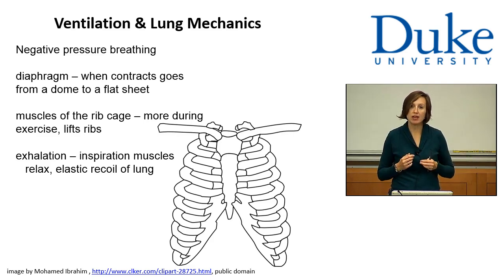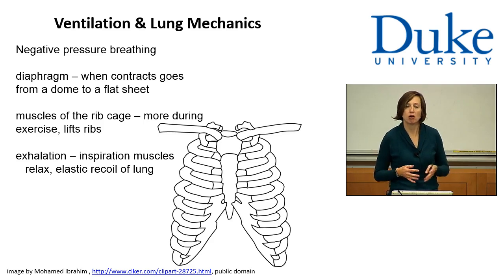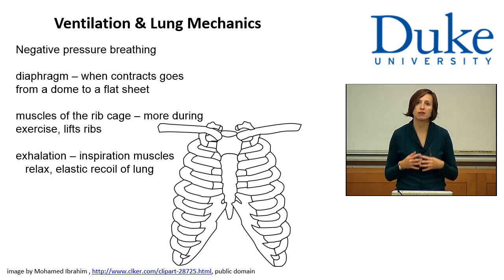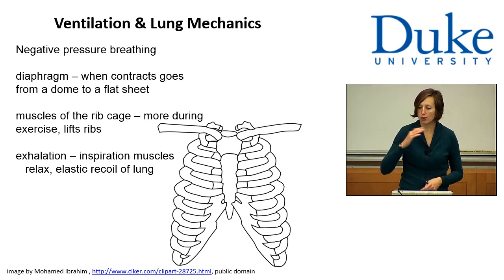You can also use, when you're trying to exhale quickly, many other muscles of the chest wall as well as the abdomen. So depending on the type of breathing you're doing, you might use more muscles, but very often just in normal rest breathing, you're using primarily the diaphragm.